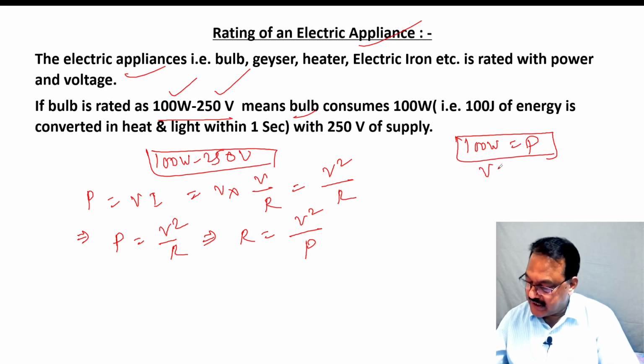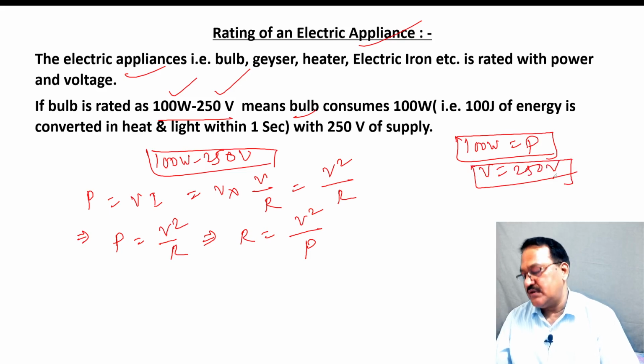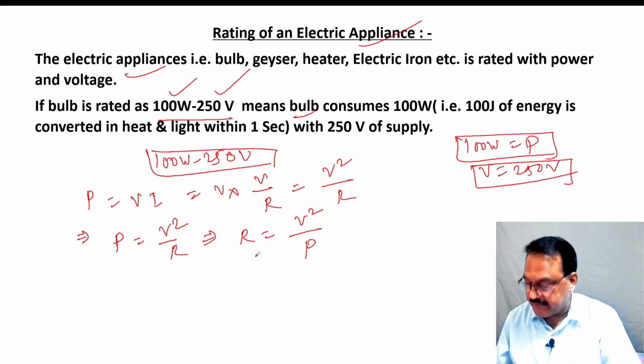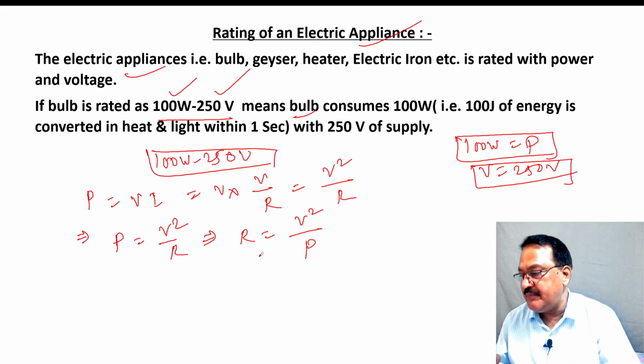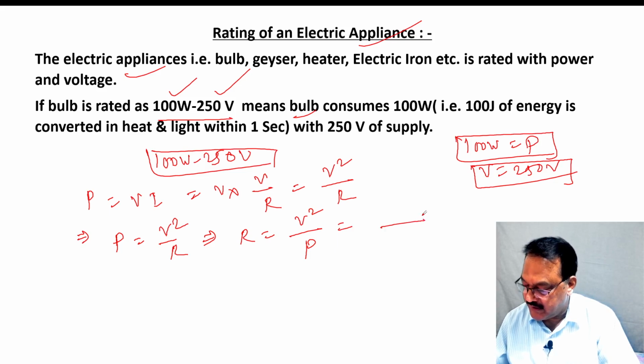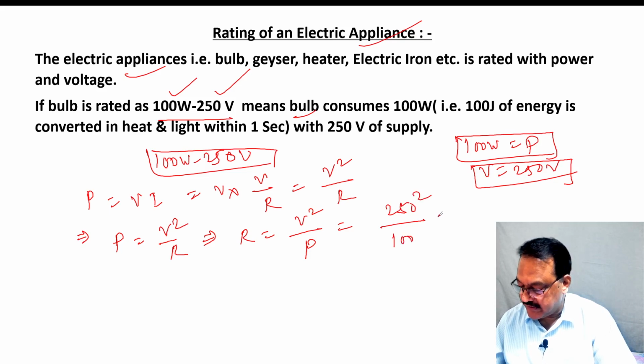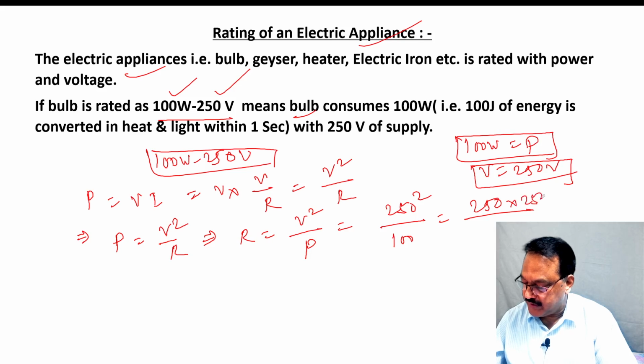So voltage is given as 250 volt and power is given as 100 watt, so we can calculate the value of resistance of the filament. In place of V, we write 250 square by 100. Let us do it: 250 into 250 divided by 100.